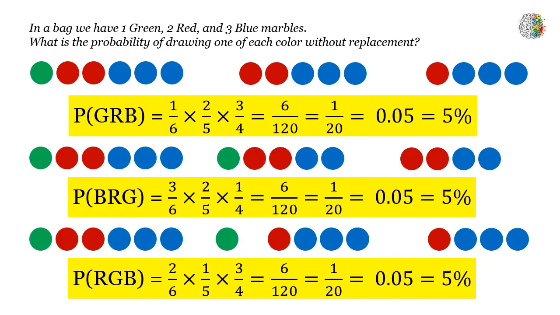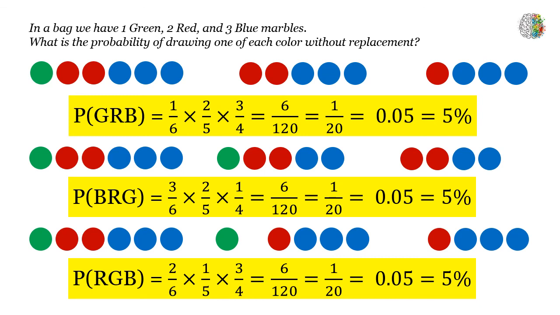Now you'll notice that if I had changed the order, my percentages are going to stay the same, but each time I multiply those ratios, that bottom number, or the number of possible outcomes, is going to change. So once again, when I'm calculating the probability of an event, the top number is the possible outcomes for that color or that event, and the bottom number is the total number of possibilities.